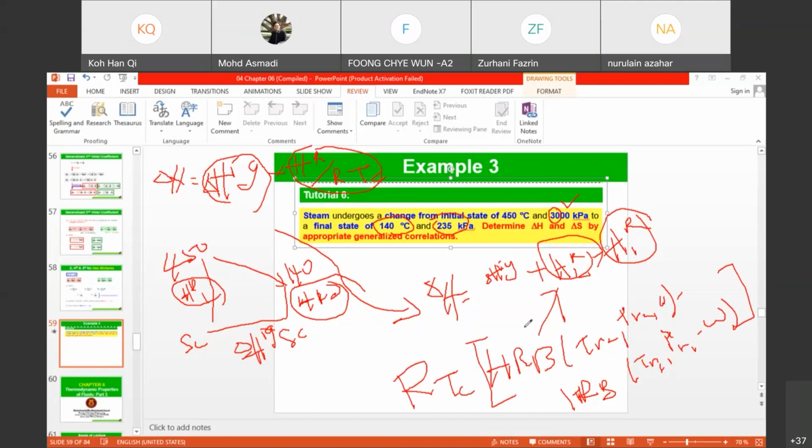You calculate this by using the virial equation, the Reynolds equation.